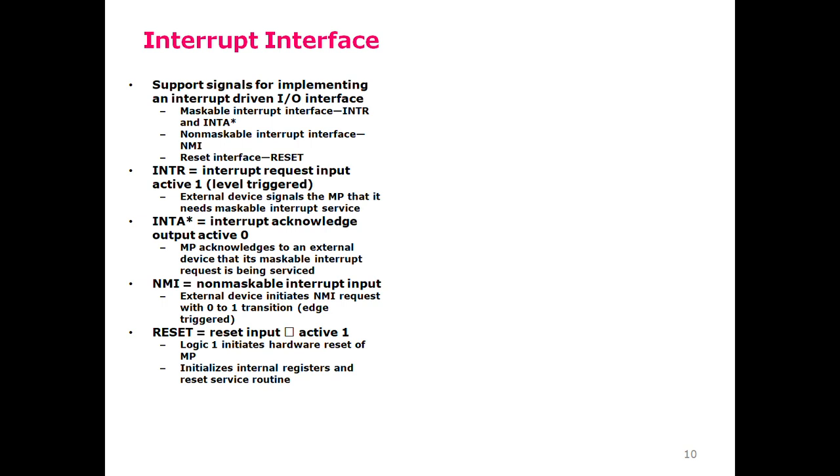Apart from input and output and memory control signals, there is an interrupt interface as well. It supports signals for implementing an interrupt-driven input and output mechanism. A microprocessor sends a command to the input and output devices to perform an input and output operation.